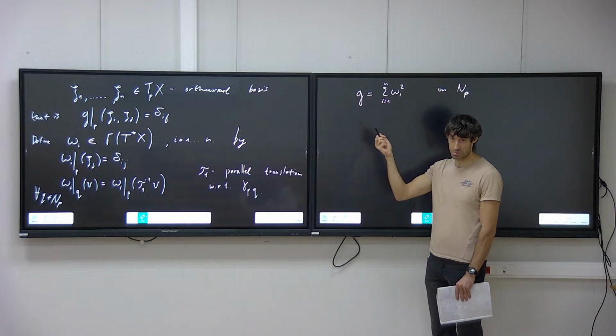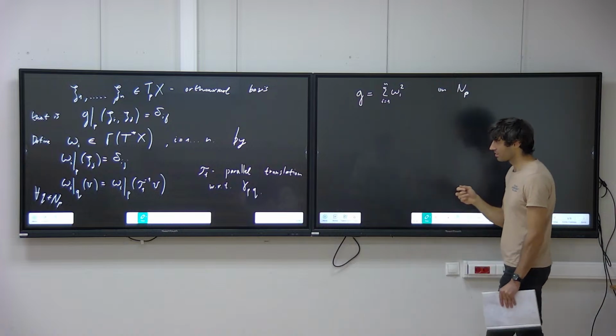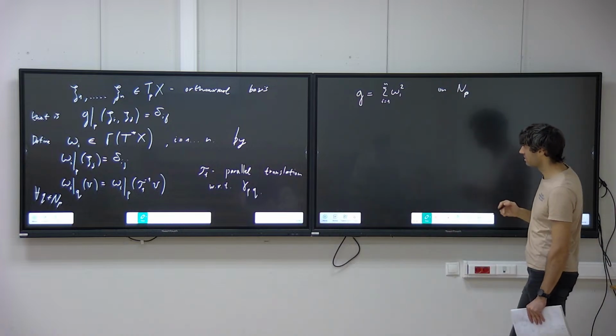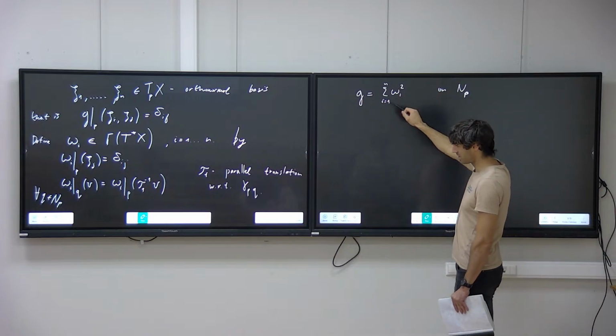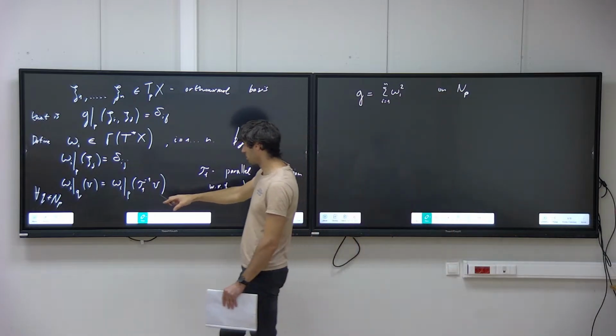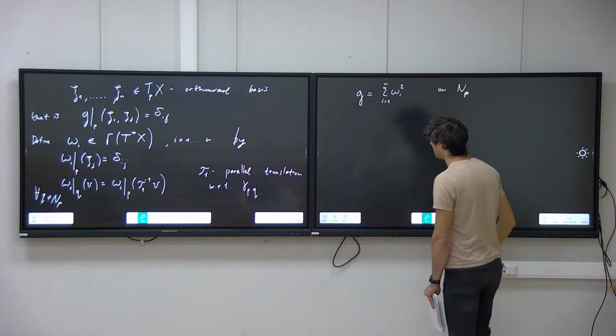So it's invariant with respect to the covariant derivative, of course, but more globally it's invariant with respect to parallel translation. Therefore, if this happens at point P, then it happens at any point of N_P.